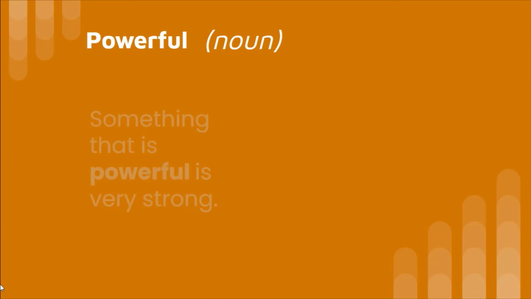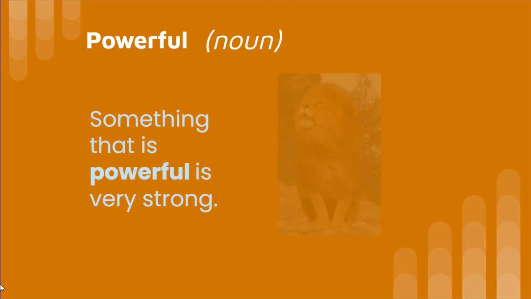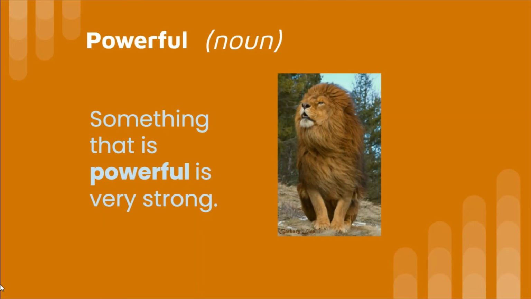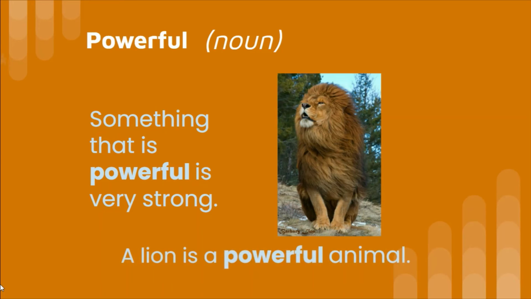Okay, and now we have powerful. Let's say it. Powerful. One more time. Powerful. Powerful is a noun. And let's go ahead and read the definition. Something that is powerful is very strong. Can we read it together?